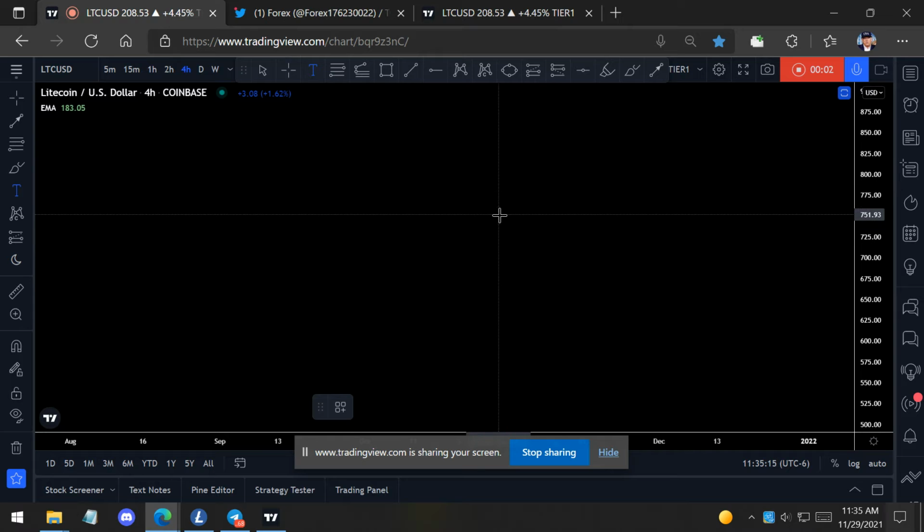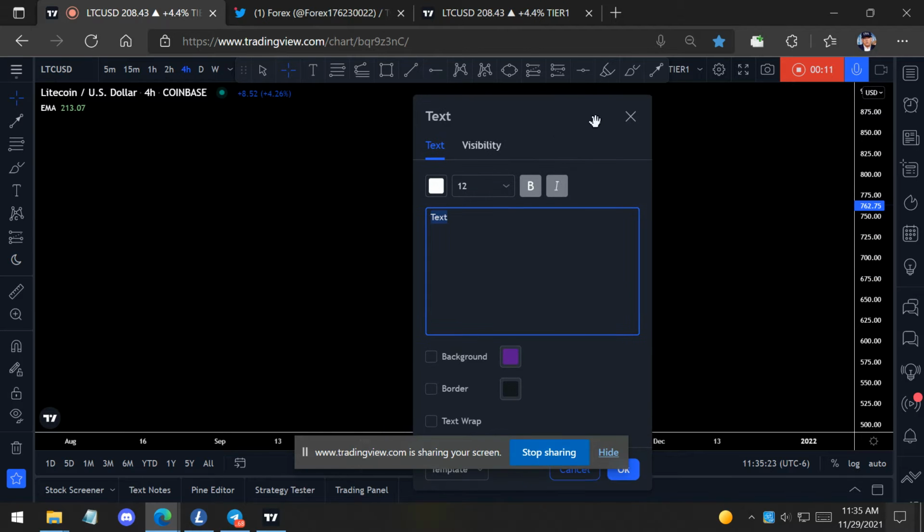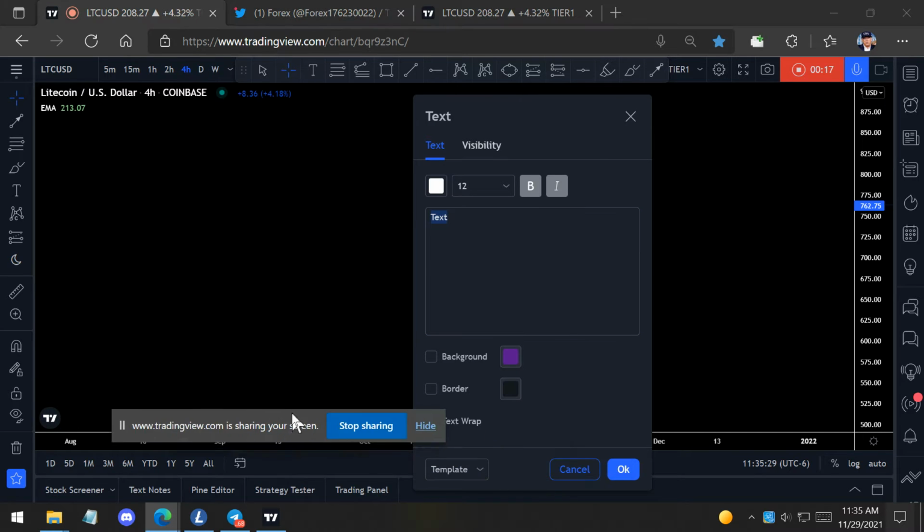All right, so let's go over our bearish bat formation, a harmonic pattern. Let's do it rules based.